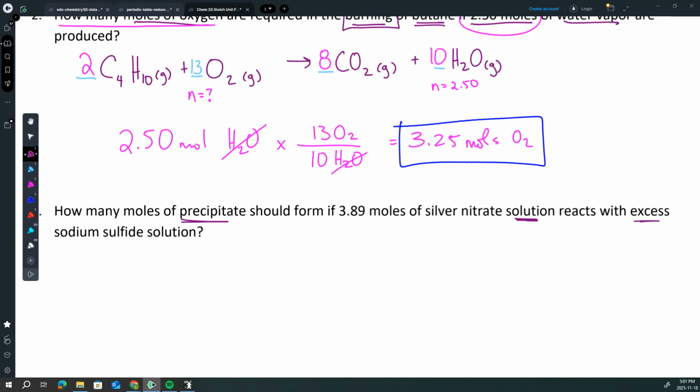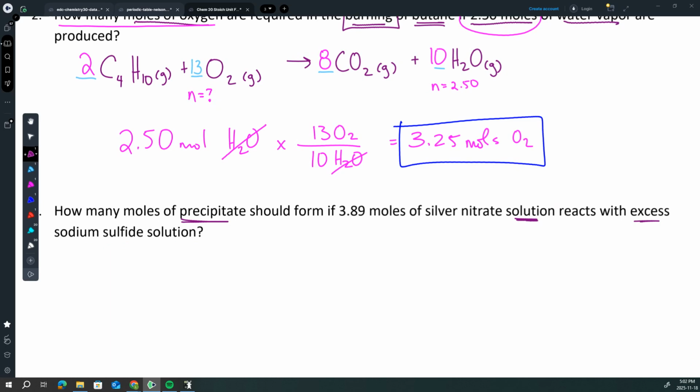So, for example, just to make it a little more relatable, if you were making grilled cheese sandwiches with slices of cheese and slices of bread, and you had 2 slices of cheese and an excess amount of bread, like 10 slices, you can only make 2 grilled cheese sandwiches because there's only 2 slices of cheese to use up.